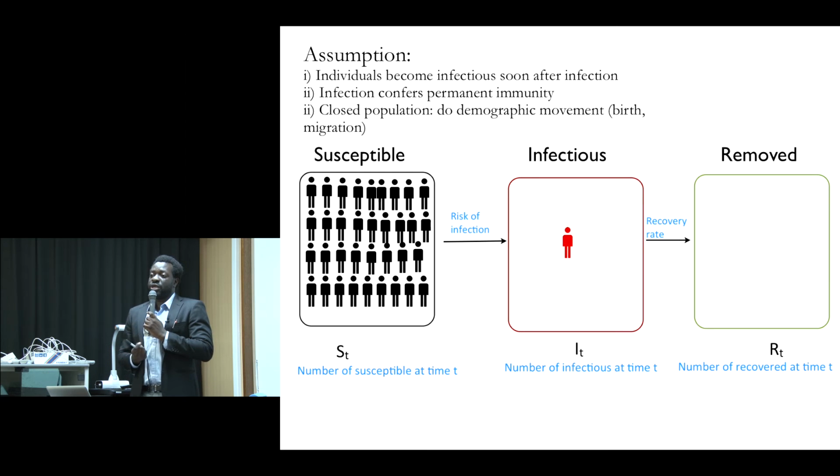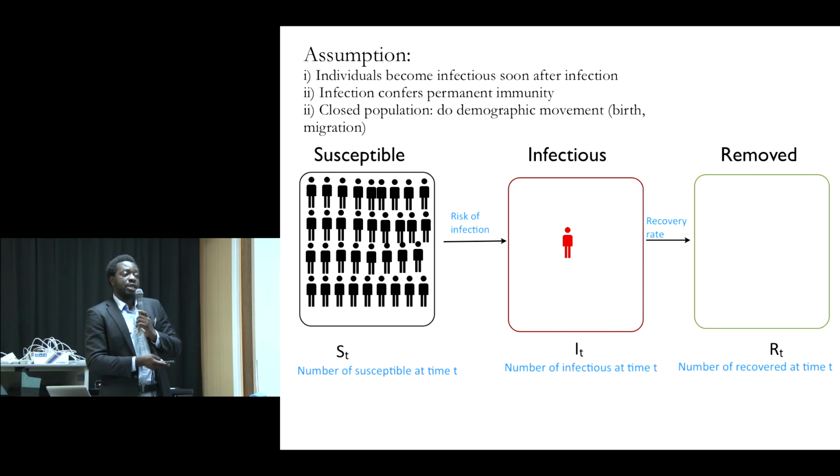For our case here, we're talking in terms of weeks, or we can make it even simpler in terms of days. But S_t is the proportion of susceptible at time t. I_t is the number or proportion of infectious at time t, and the same for removed, R_t, the proportion who are immune at time t. So what may happen?